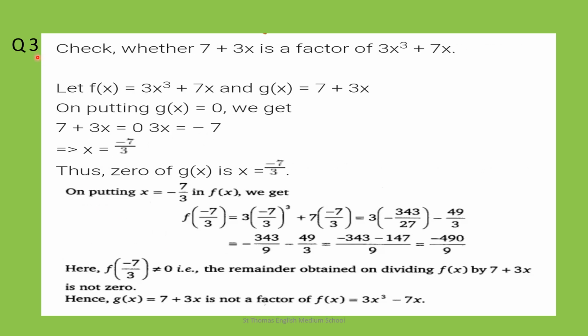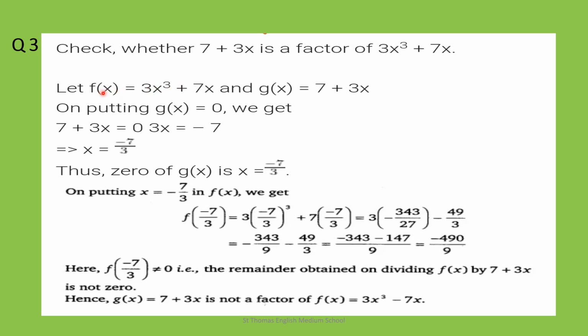Now, question number 3. Check whether 7 plus 3x is a factor of 3x cube plus 7x. If 7 plus 3x is a factor of 3x cube plus 7x, when you are dividing 3x cube plus 7x by 7 plus 3x, the remainder will be 0.